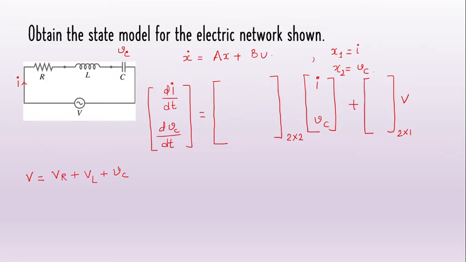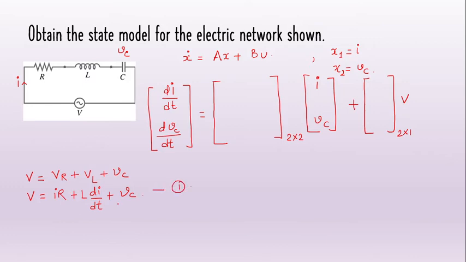So this VC will be my state variable. VR equal to, I can write IR, and I can write VL as L di by dt, plus VC. Okay. So this is my first equation.